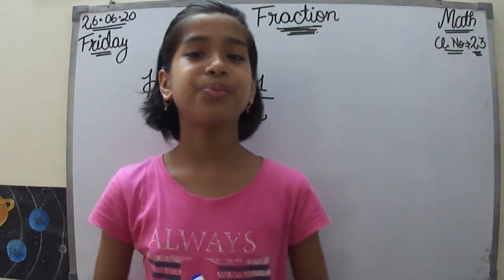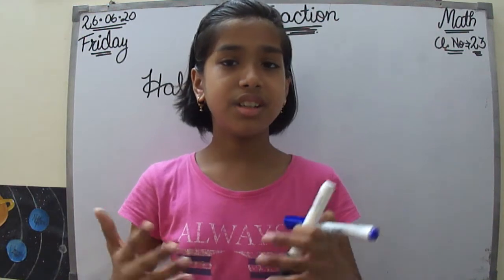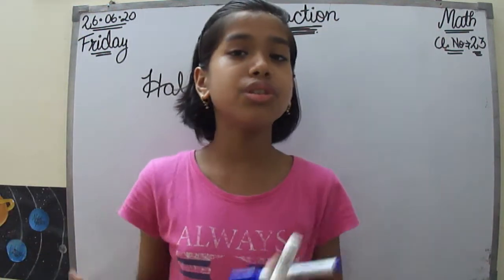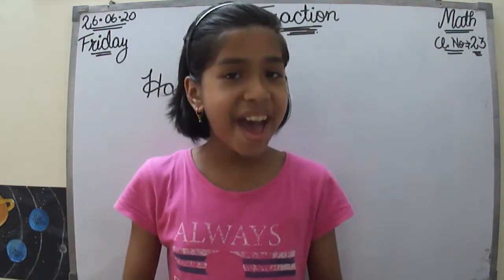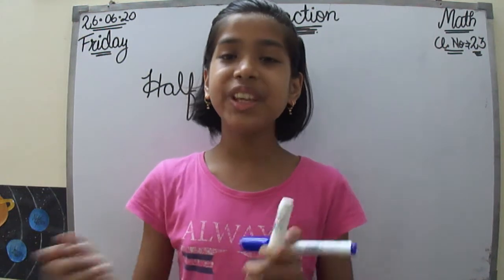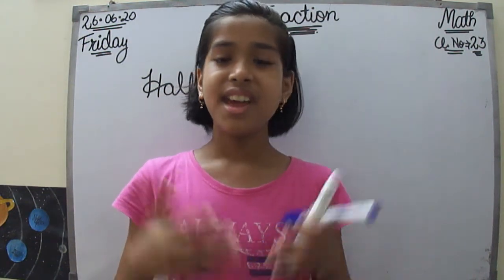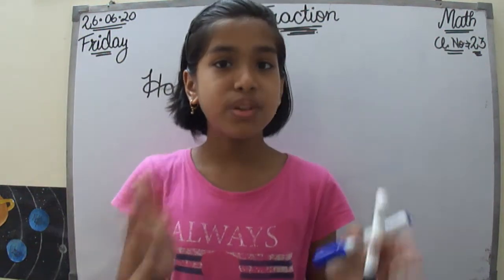So now, when you mix the eggs, you are not going to mix whole eggs. That means you are not going to mix the 1 dozen eggs, as you already know that we get a dozen eggs from the market. So you are not going to use all 12 eggs.